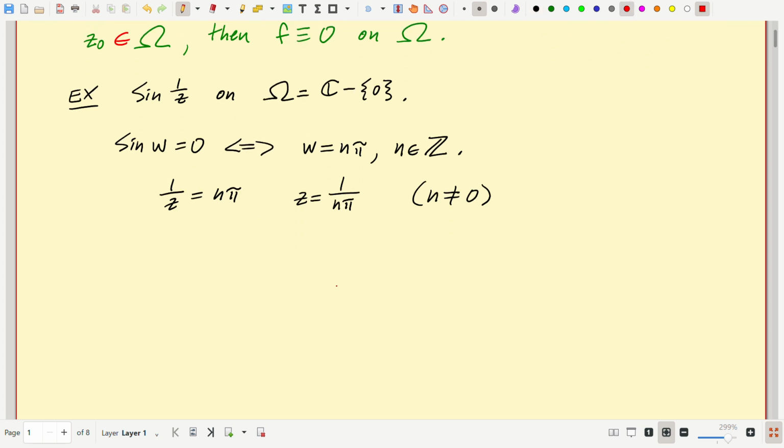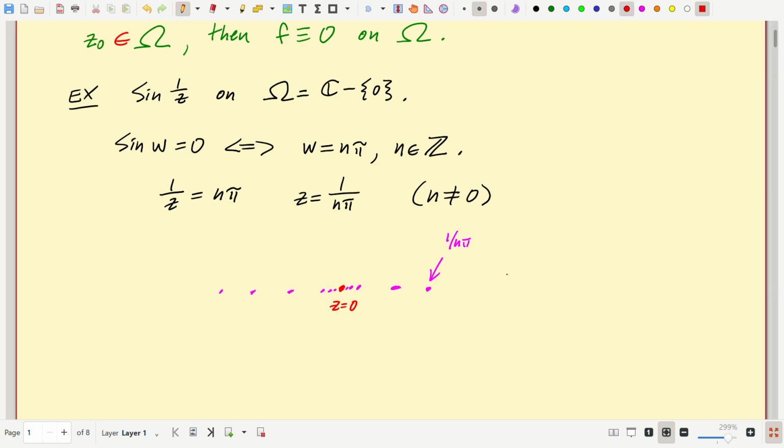So if you think about it, here's z equals 0, and then the zeros would be 1 over n pi, and they'd pile up. So these are 1 over n pi's. And they can be negative too, so they'd be the same over here. So they're clearly piling up, but that point is in the boundary of my domain.